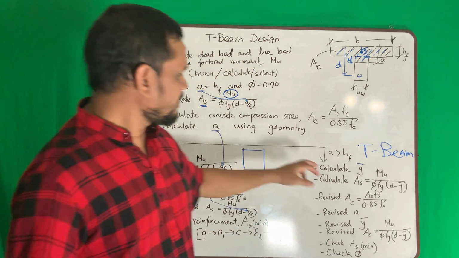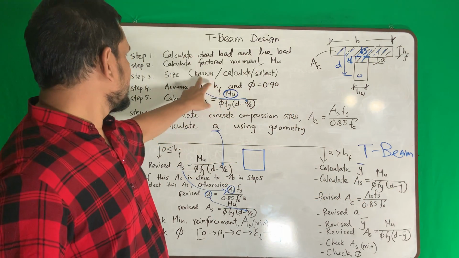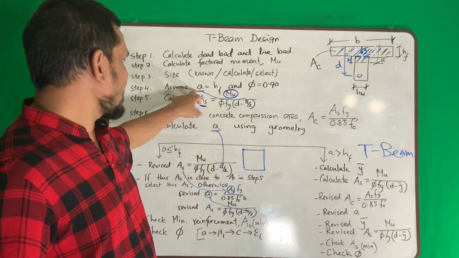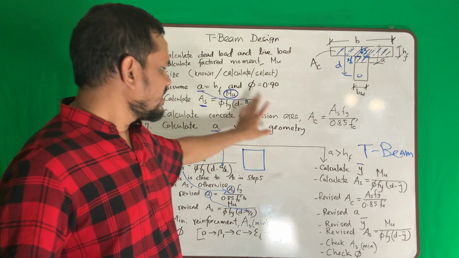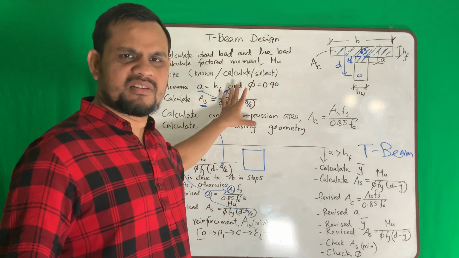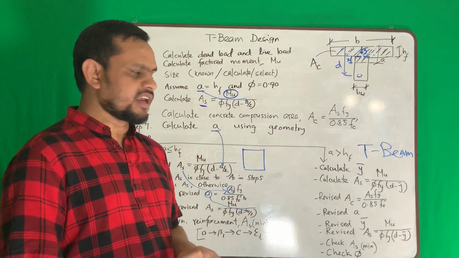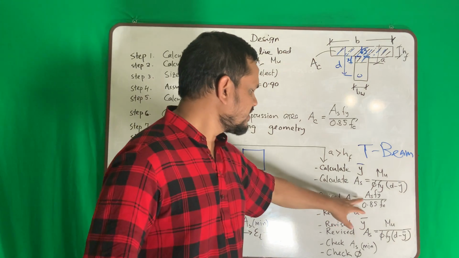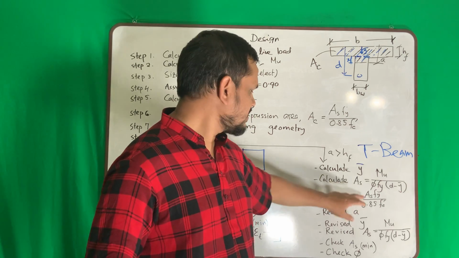Because if you go back, this y bar is actually, there's some assumption here. At the beginning we assumed A is A shape. So there is some flaw in that calculation. So you have to revise it. So we revise Ac based on our new A's.